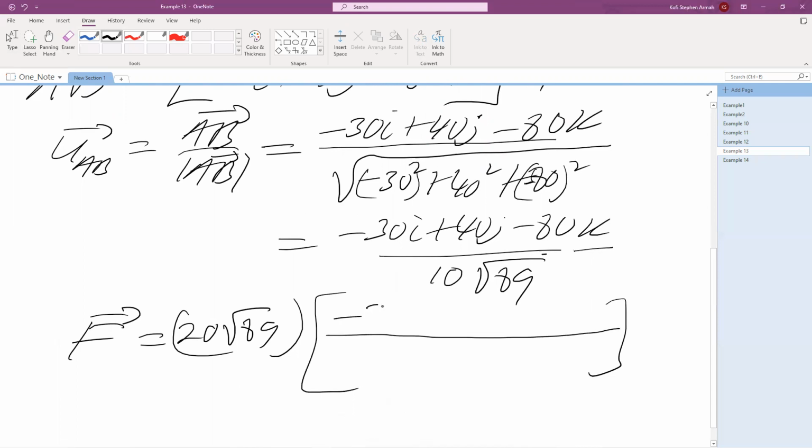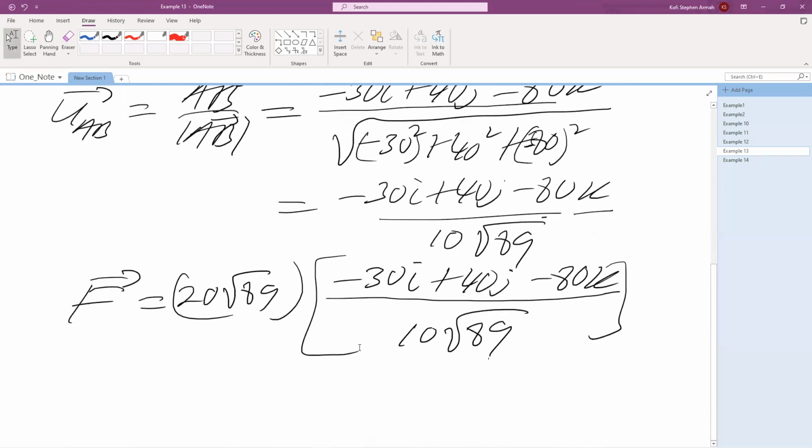So this is minus 30 I plus 40 J minus 80 K over 10 root 89. I intentionally picked them so that the root 89 will cancel, so this ends up nicely, root 89 cancels root 89. 10 goes into 20 twice, and then you use 2 to multiply all this.